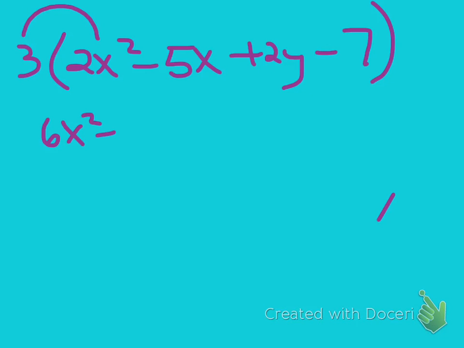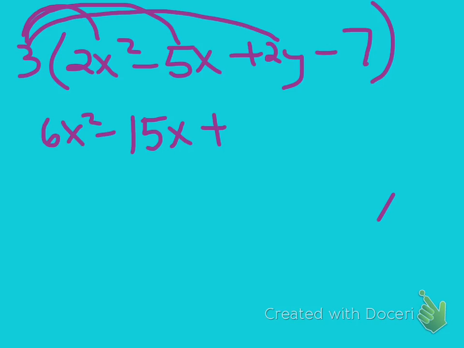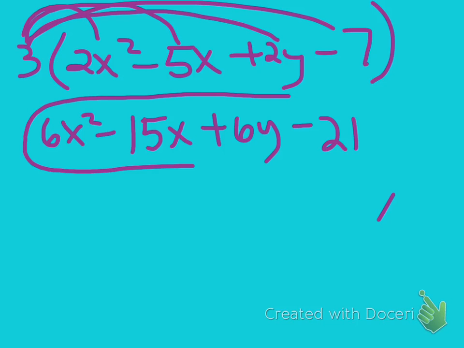Now I take my 3 times the 5x, which makes 15x, and then I just bring down my plus. And I get the 3 times the 2y, so 6y, and then minus 21.